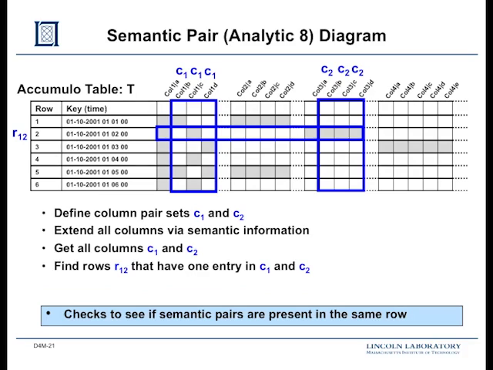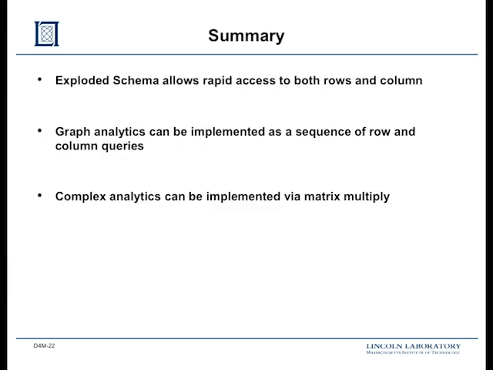And I think that basically brings us to the end of the lecture portion of the class. So again, the exploded schema really allows you to do this very rapidly with your data, and you can implement very efficient graph analytics as a sequence of row and column queries because we use this very special exploded transpose pair schema.